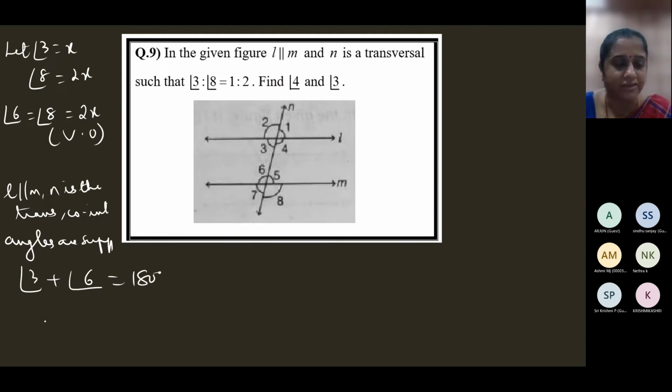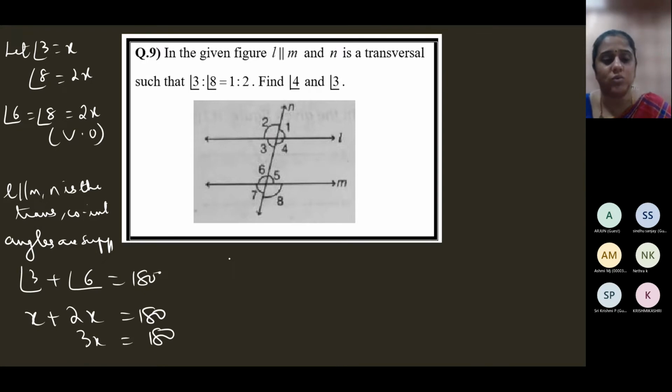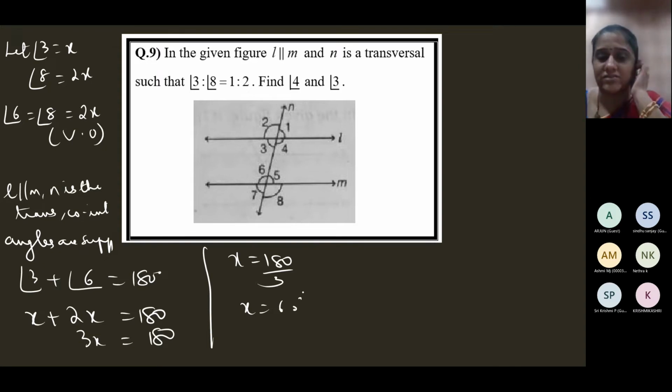Angle 3 is x plus 6 is 2x is equal to 180. So 3x is equal to 180. x is equal to 180 by 3. x is equal to 60 degrees. So we found the value of x. Now we need to find the measure of angle 4 and angle 3.